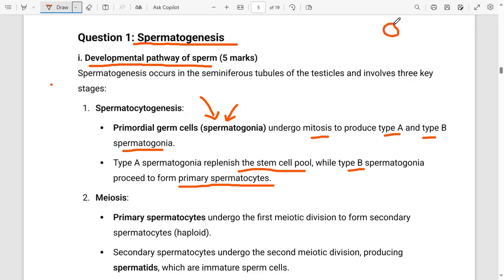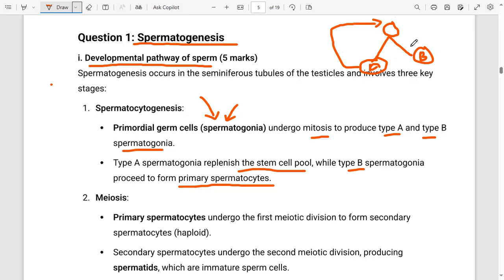If I have my spermatogonia, it will undergo mitosis and form B here and A there. This type A spermatogonia will be replenished and go back to the pool and become a spermatogonia again, for the next division to occur.